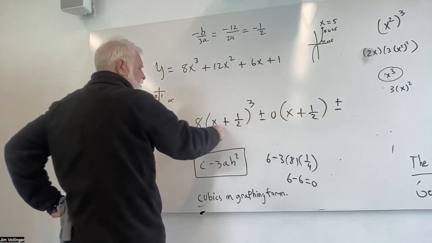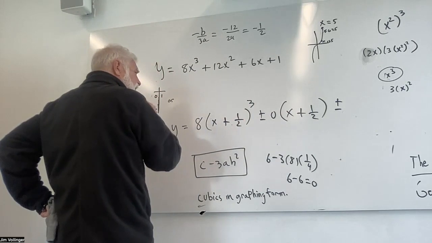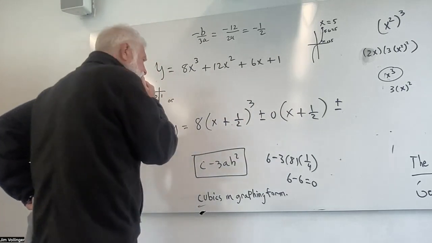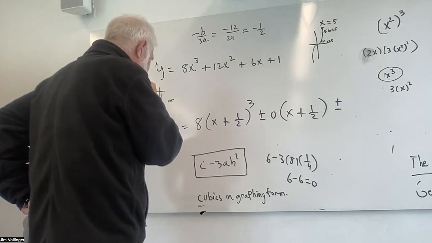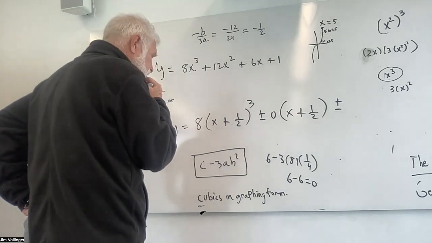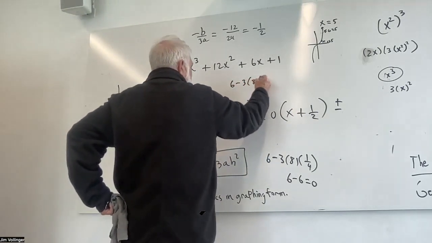So a 0 in here is 1/2 cubed, which is 1/8. 1/8 times 8 is 1. Did I run into a glitch here? Let's make sure. C minus 3A H squared.